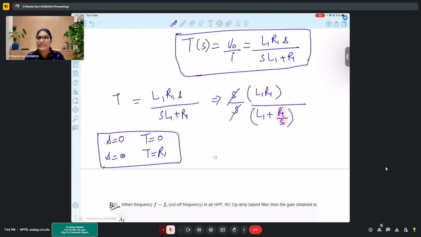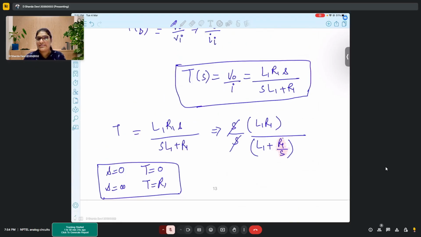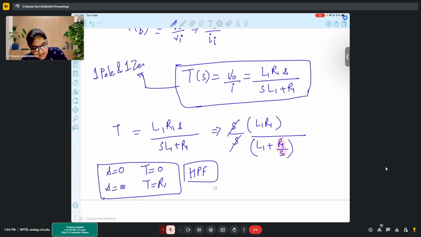So definitely it is a high pass filter. Is this clear? Yes, madam. So it is a one pole and one zero system, so it's a HPF.